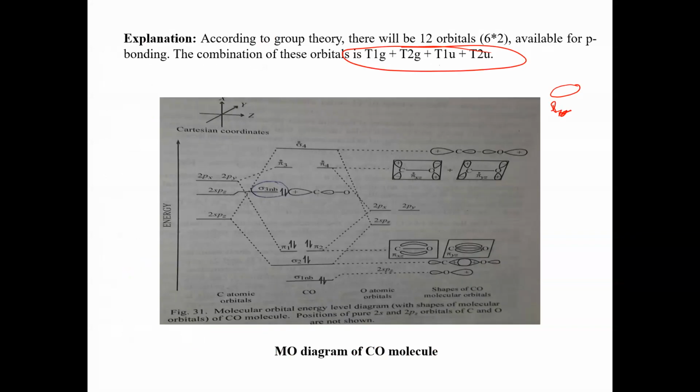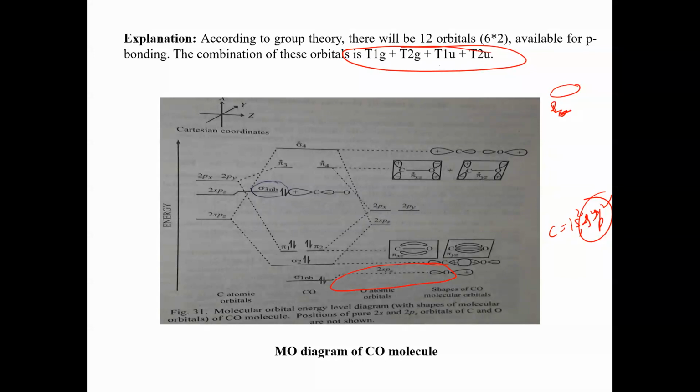And if I discuss the MO diagram of the carbon monoxide molecule, here you can see the carbon is having 1s2, 2s2, and 2p2. Whenever carbon and oxygen combine, they form some hybridized orbitals, this is the sp hybridized orbital. And why is the energy of the oxygen orbital low?